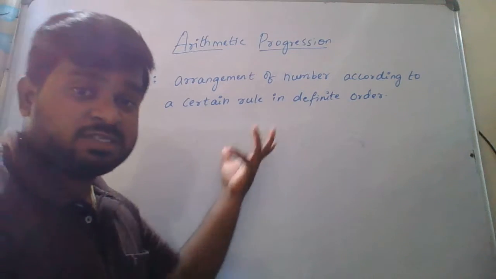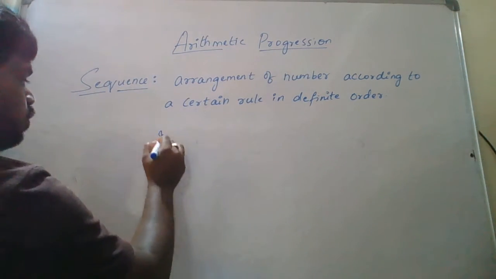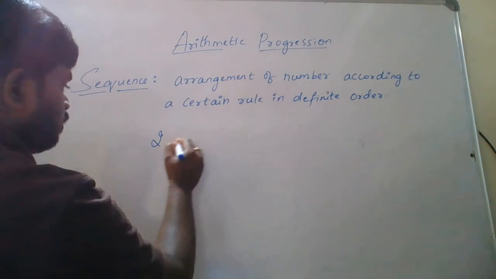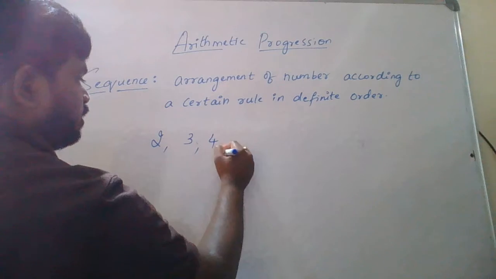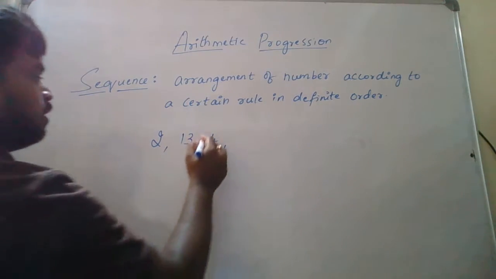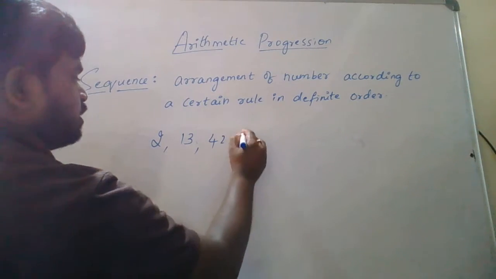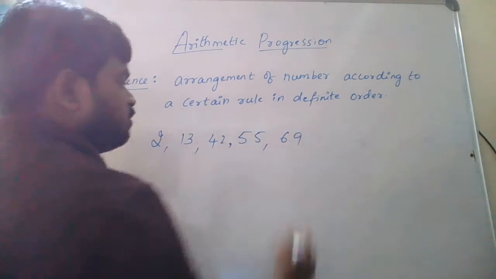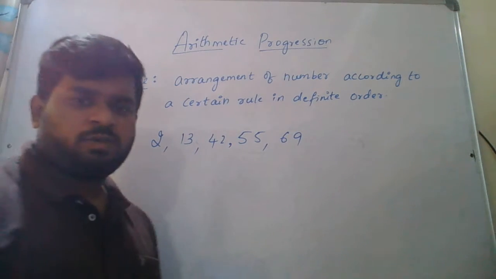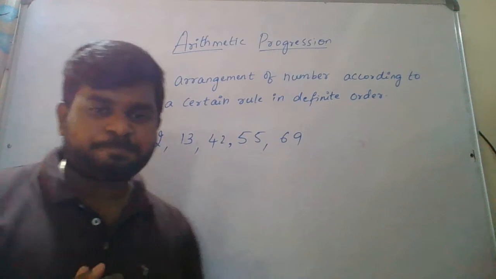Let's see some sequence in numbers. Okay, let's say 2, 13, 42, 55, 69. This is also a sequence and you have learnt it. Could you guess it?